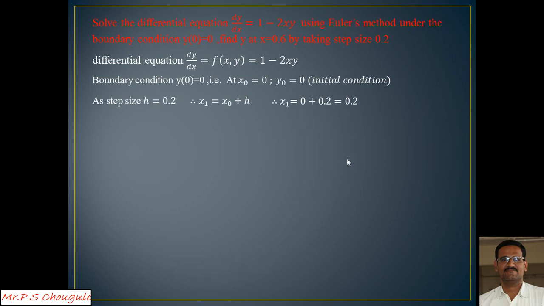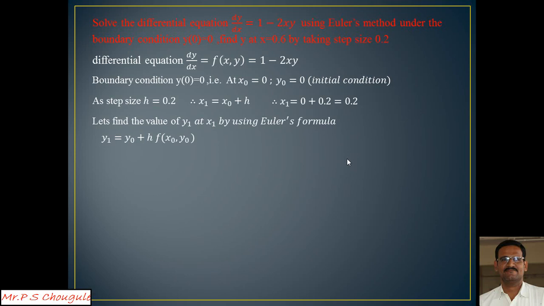Now we need to find the approximate value of y1 at x1 using Euler's formula. So let's write the Euler formula: y1 is equal to y0 plus h into f of x0, y0. The y0, which is the initial condition they have given, is equal to 0. h is the step size 0.2.